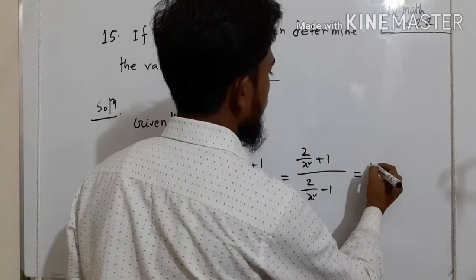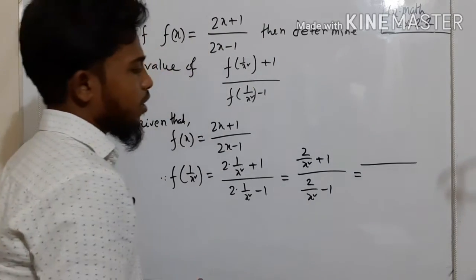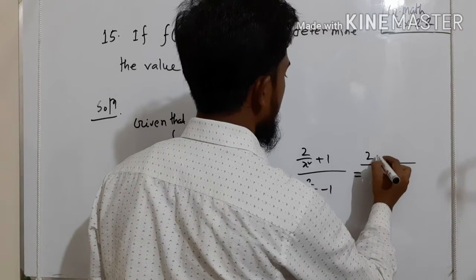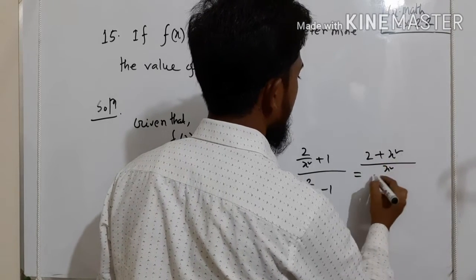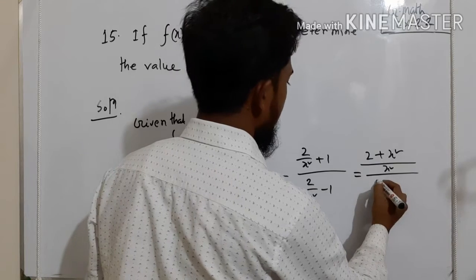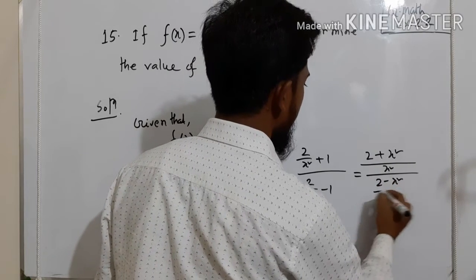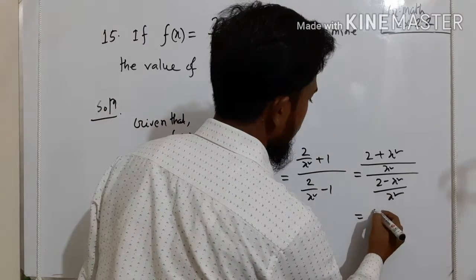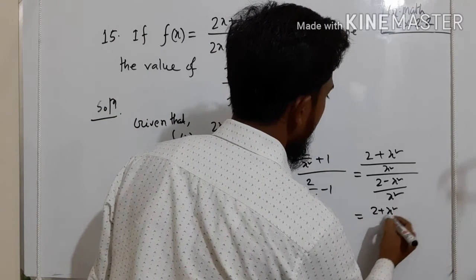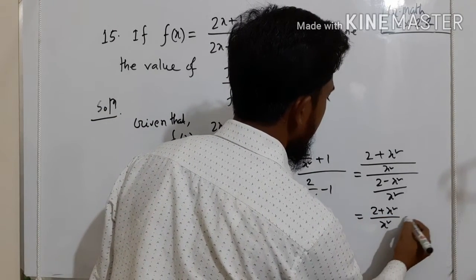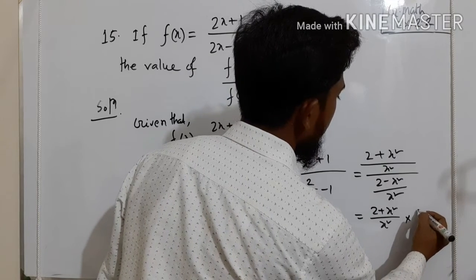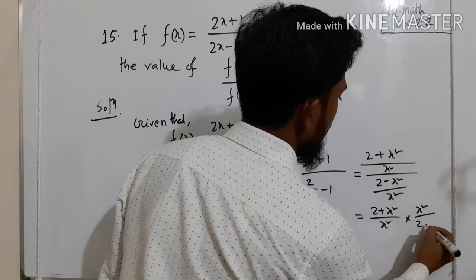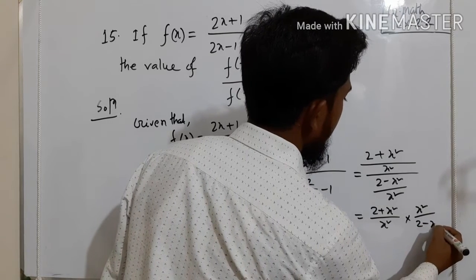This equal to, least common multiple x square, so 2 plus x square divided by 2 minus x square by x square. So 2 plus x square divided by x square into x square divided by 2 minus x square.